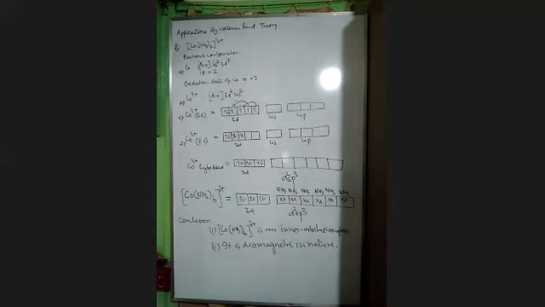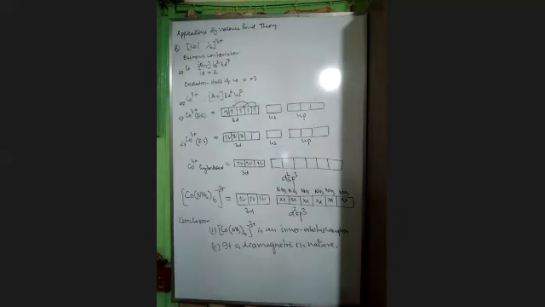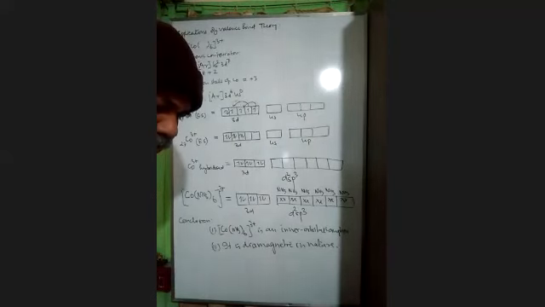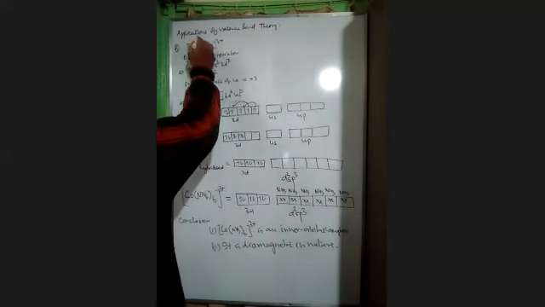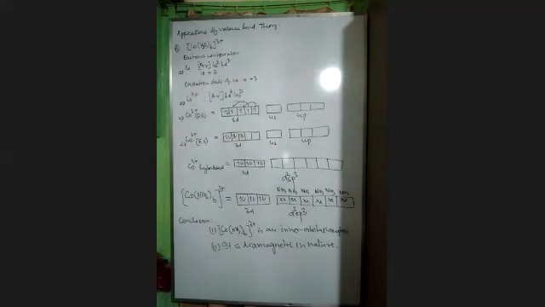I'll take 2 minutes now. See here. Let me change the situation. What is the situation here now? Hexa-aqua cobalt 3 plus. So up to this much is the same.